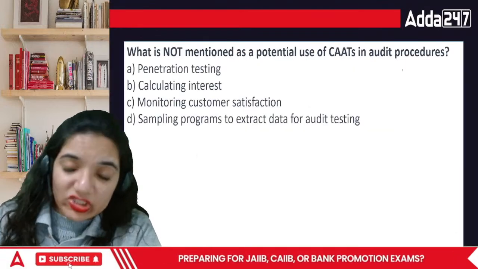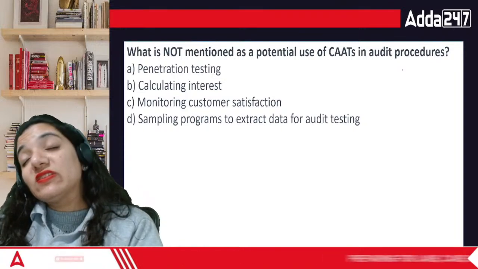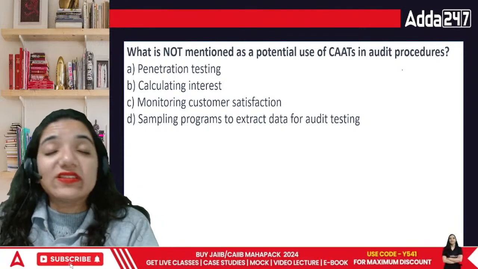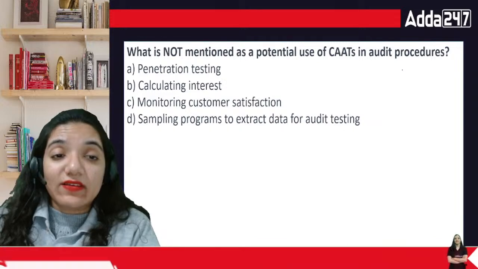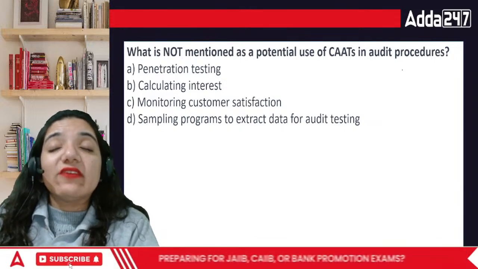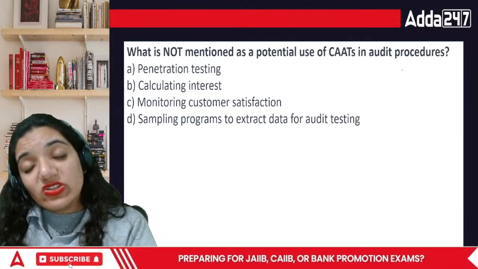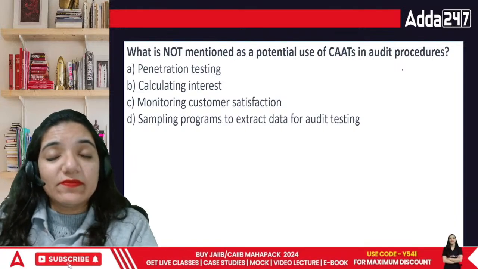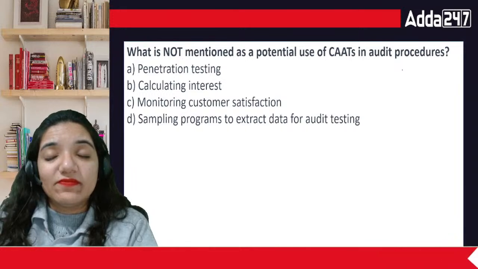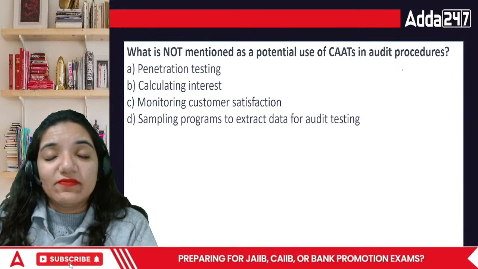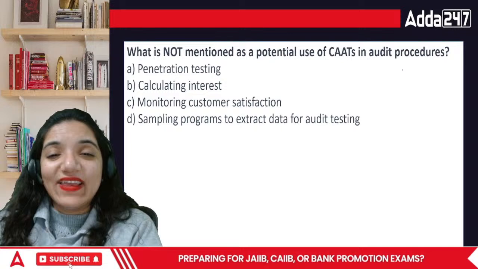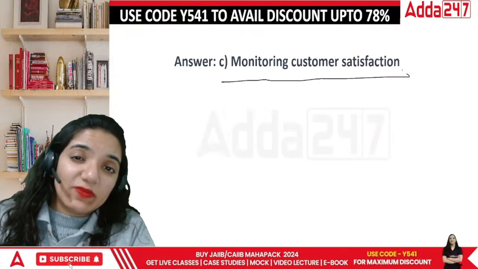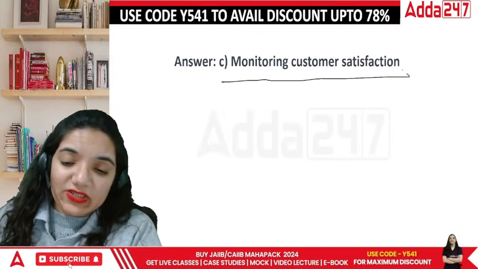It's just a feedback system of the organization. Penetration testing is important if anybody undesirable is trying to enter, how do they react, how to save things. That is just done to check that particular portion, nothing else. So in this case, the correct answer is going to be monitoring the customer satisfaction.